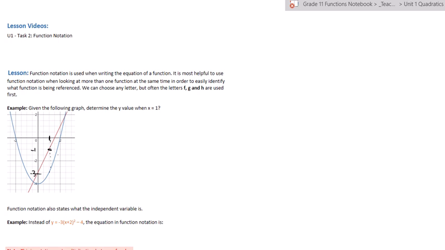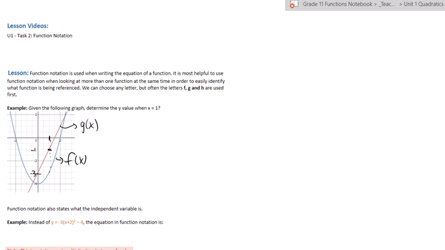Instead of saying y equals the quadratic function form and writing out the full equation, we're going to say that this quadratic function is f of x, and this linear function is g of x.